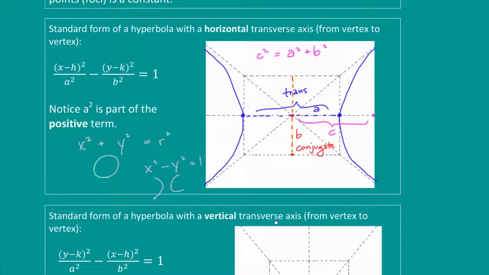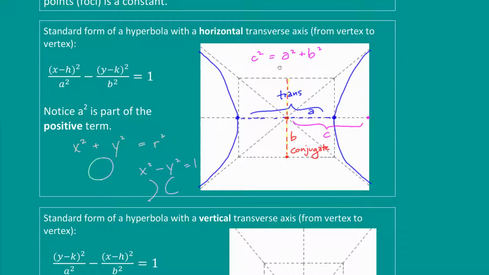The one thing that I like to remember is that if this was our xy Cartesian coordinate system, and this is a 0 right in there. There's no way, if I have an x squared, and this is just the way that I remember it personally, x squared minus y squared has to equal 1.